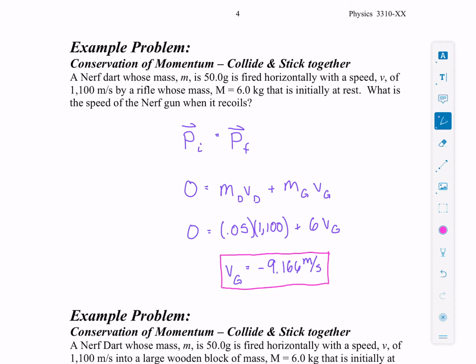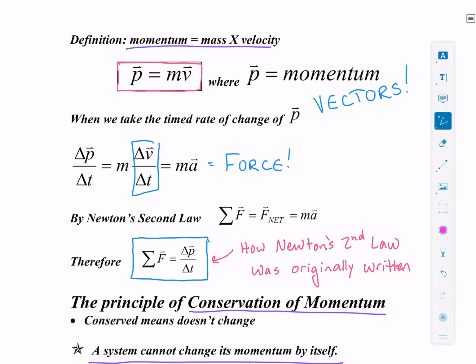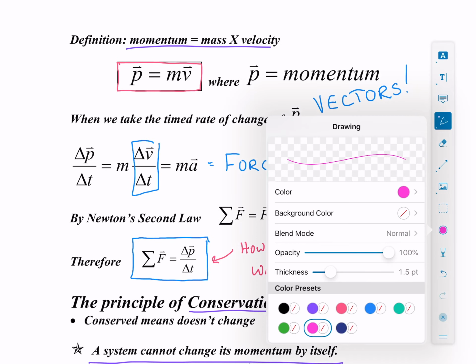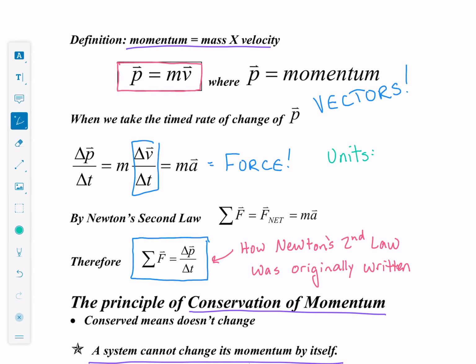While I was doing this, I thought of one thing. I forgot to mention units. Let's go back to the first page. The units of momentum are kind of strange. There are 2. If it's mass times velocity, it's kilograms times meters per second.